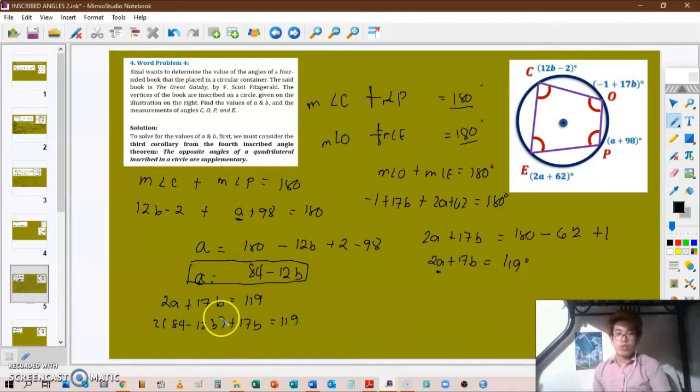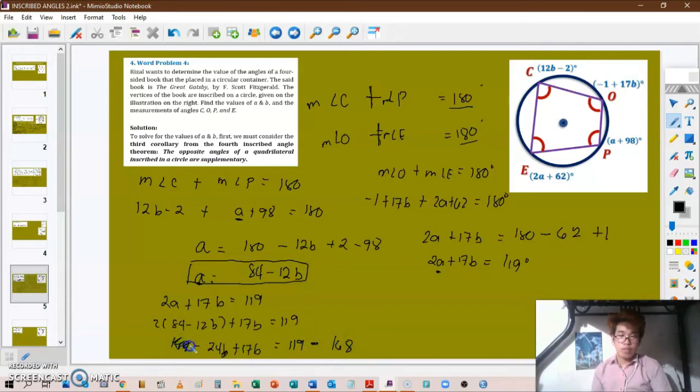From here, we can solve for the value of B. 84 times 2 is 168, minus 24B plus 17B is equal to 119 minus 168.